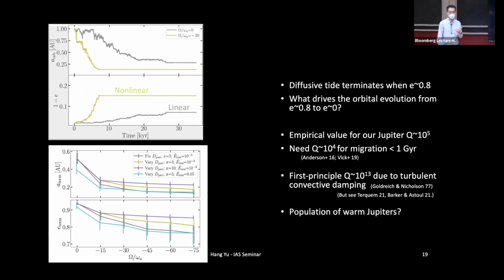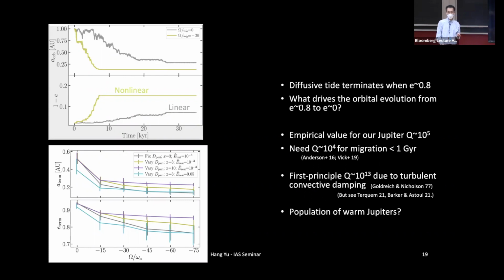Sometimes people don't realize this is an issue because the tidal quality factor is just left as a free parameter to be fixed empirically. For example, people find that we can successfully migrate a planet within 1 gigayear if we assume somehow the planet's dissipation is 10 times more efficient compared to our own Jupiter, which corresponds to something like Q of 10^4-ish. But I want to emphasize that this is only an empirical solution.